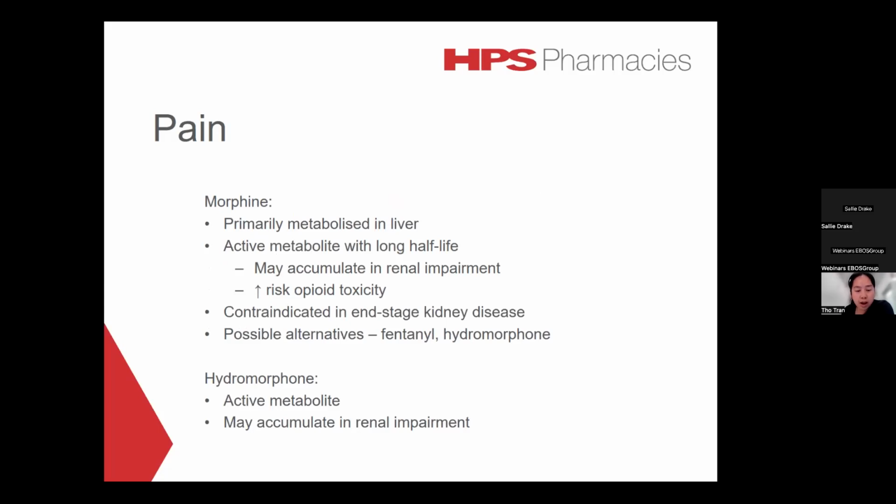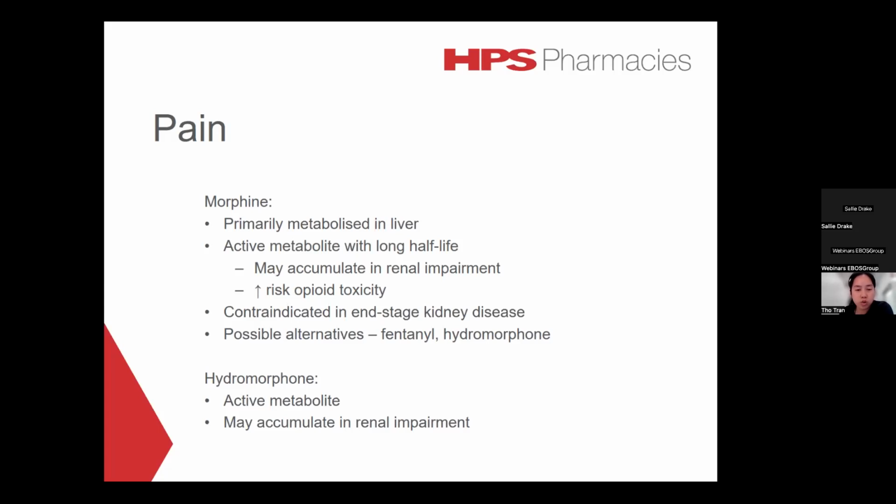Morphine is primarily metabolized in the liver. One of its main metabolites is morphine-6-glucuronide, which has a much longer half-life than morphine. So this metabolite can accumulate in patients with renal impairment. Therefore, it might increase the risk of opioid toxicity. In the palliative care setting, morphine is contraindicated in end-stage renal disease and in patients with true allergies.